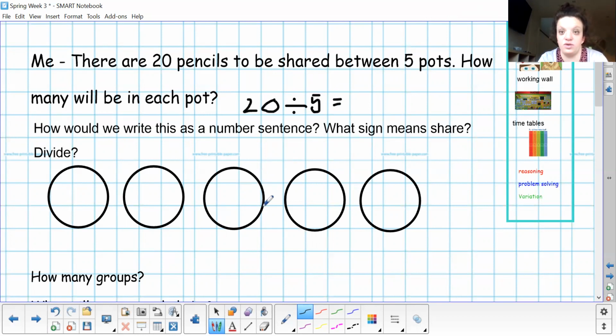So I've drawn my 5 groups and I'm going to share them out really equally. 1, 2, 3, 4, 5, 6, 7, 8, 9, 10, 11, 12, 13, 14, 15, 16, 17, 18, 19, 20. And in each group, I have got 4. So my answer here is going to be 4 because I've shared it out equally and they each got 4.